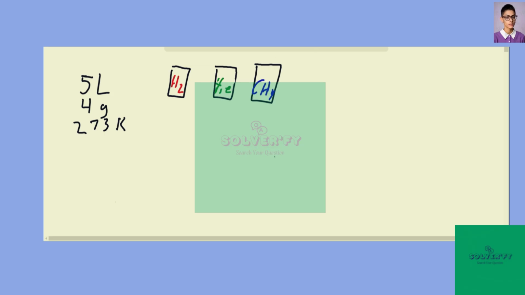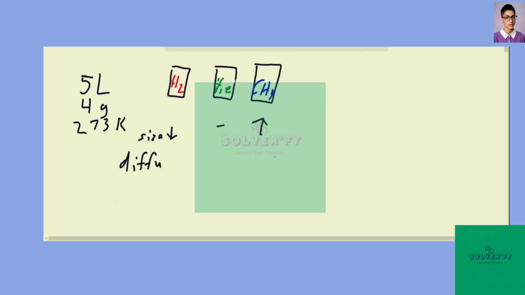H2, helium, and CH4 are all going to have different particle sizes, with H2 being the smallest, helium being in the middle, and CH4 being the biggest. For diffusion rate, what matters is that with gases, smaller particles move faster. It makes sense. They have less mass, so they don't have as much holding them back. So a smaller gas will diffuse more.